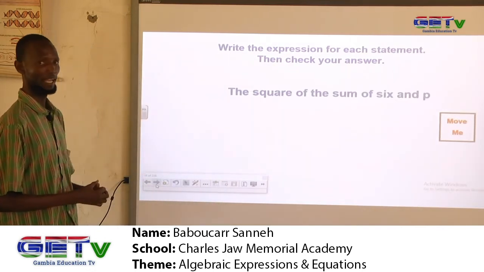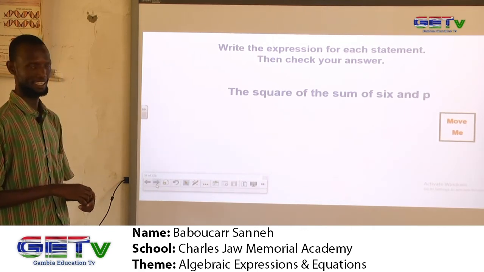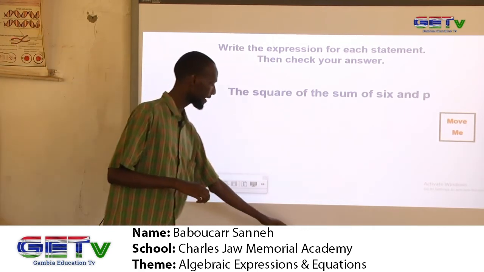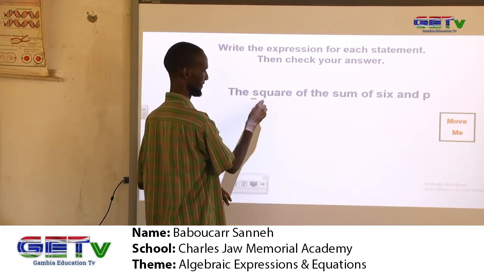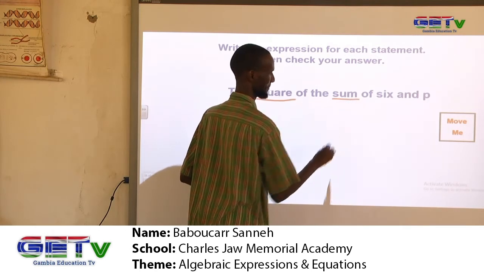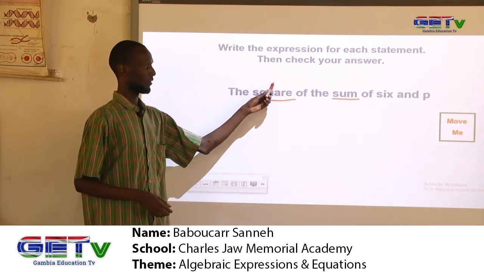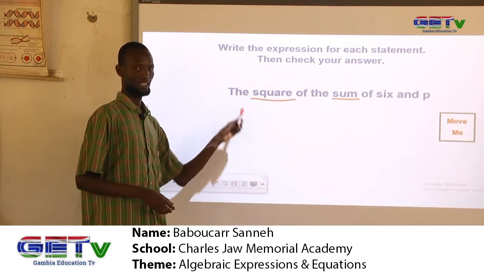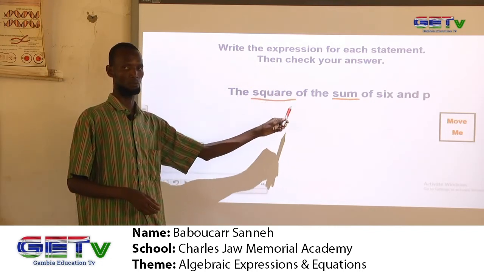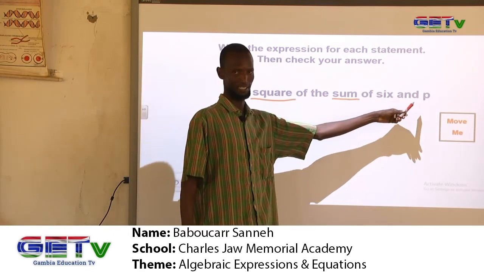Now, the square of the sum of 6 and p. The square of the sum of 6 and p. Now, the square indicates you are raising to power 2. And then the sum there is you are adding.